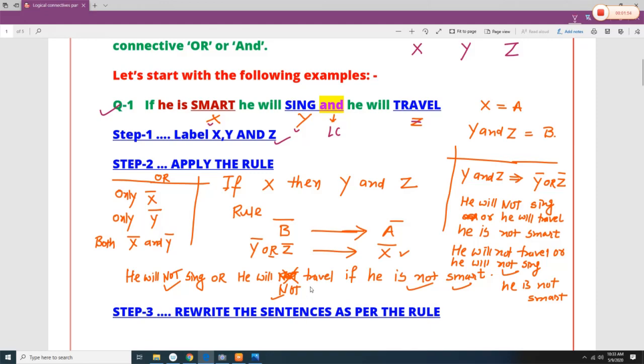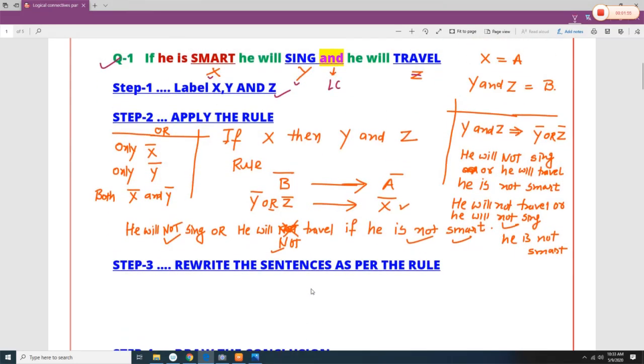Now step number 2, you have to check where the connective is. The connective is here, so you have to write: if X then Y and Z. Now what is the rule?